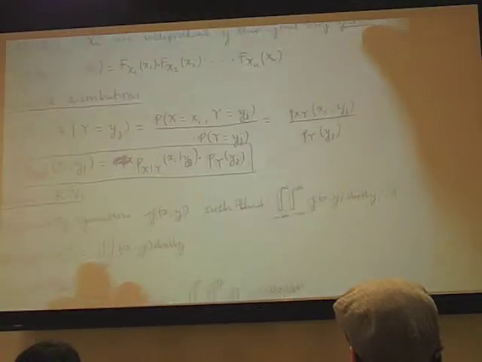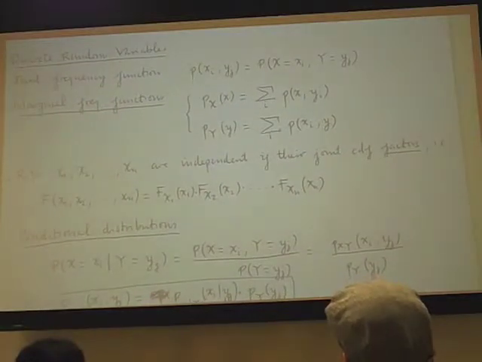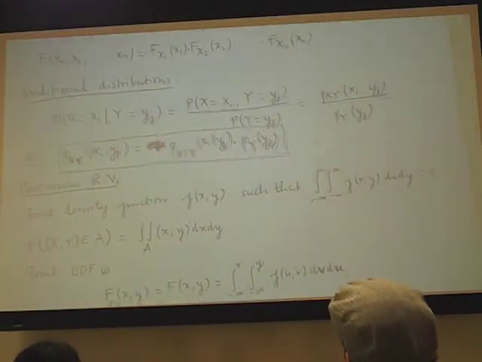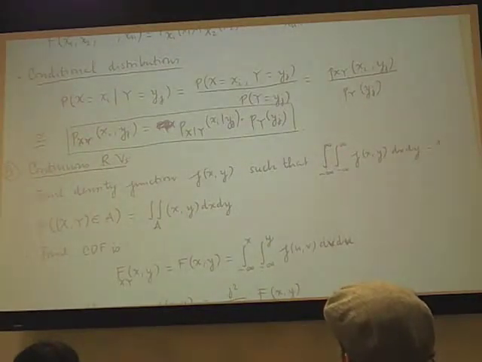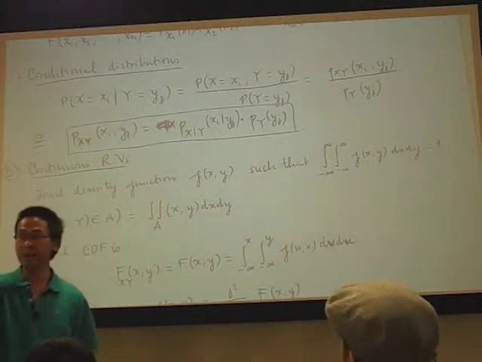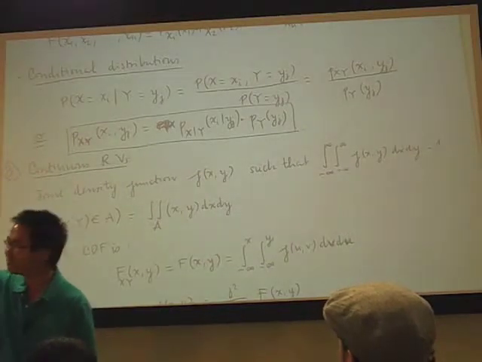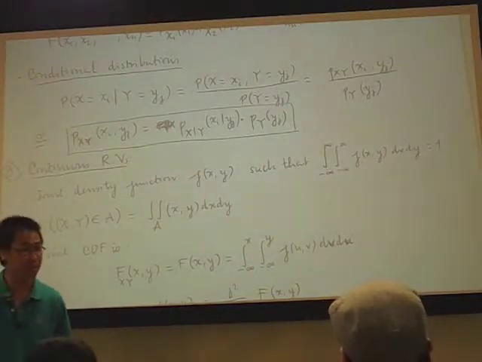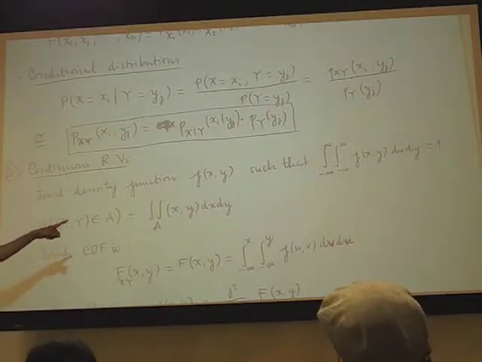The discrete random variable. Okay? That one is clear. Then the next one that we talk about as well is the continuous random variable. Now for the continuous, instead of giving you the frequency function, I'm going to give you the joint density function, f of (x,y).